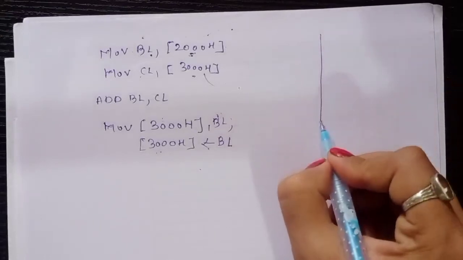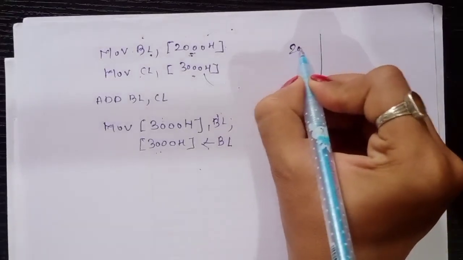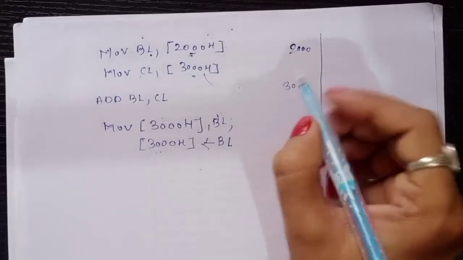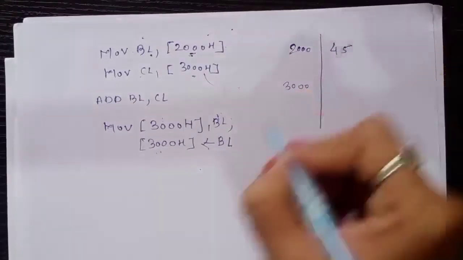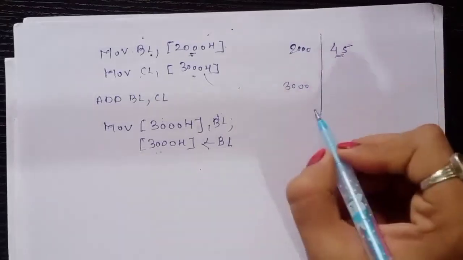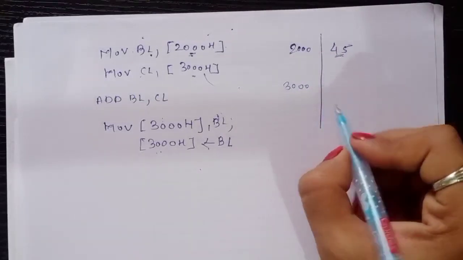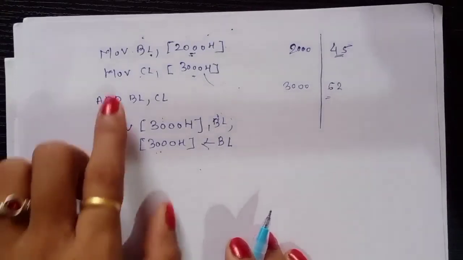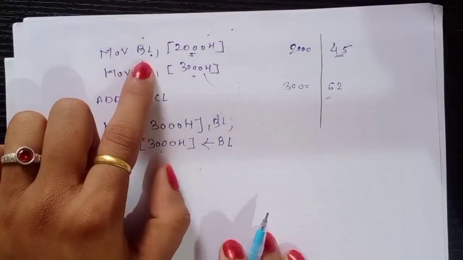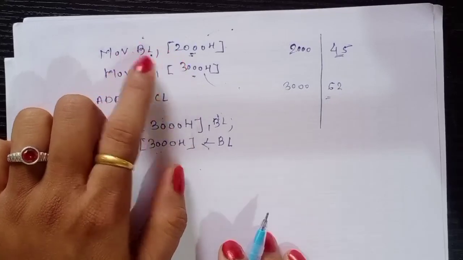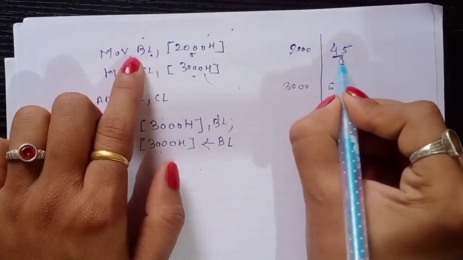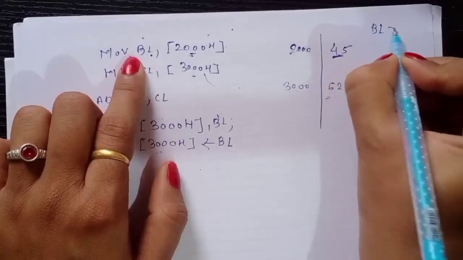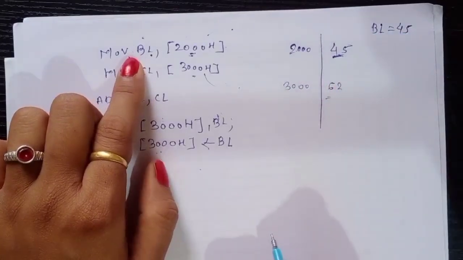Let's say this is memory. In the memory there is a memory location 2000 and a memory location 3000. At memory location 2000, data 45 is available. At memory location 3000, data 62 is available. What is our first instruction? MOV BL, [2000]. What data is stored at memory location 2000? 45. So your BL will become 45.